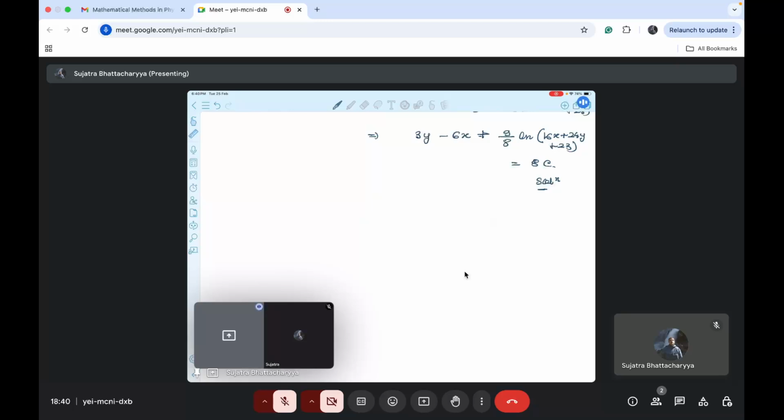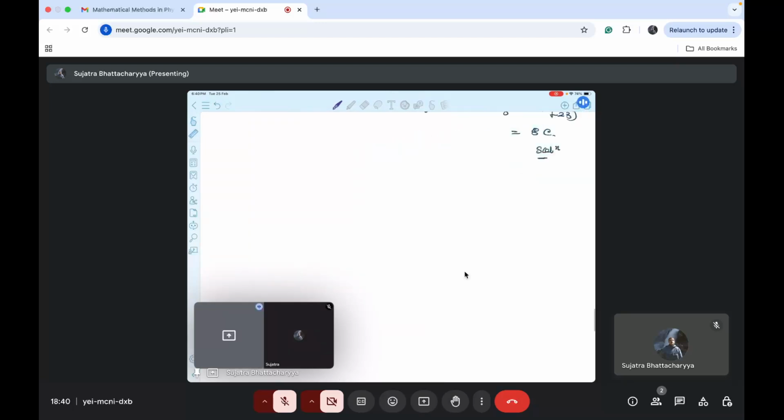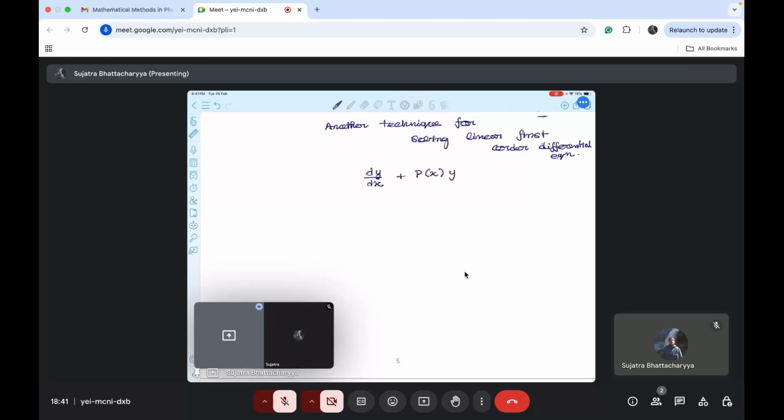Okay, another way to compute the linear first order differential equation. Another technique for solving linear first order differential equations is that suppose you have a differential equation like this: dy/dx plus P(x) y is equal to Q(x).